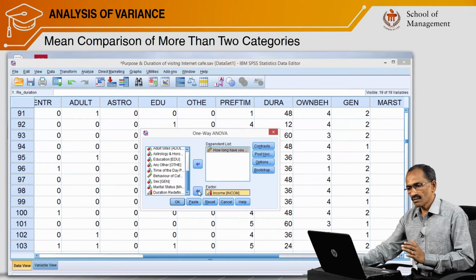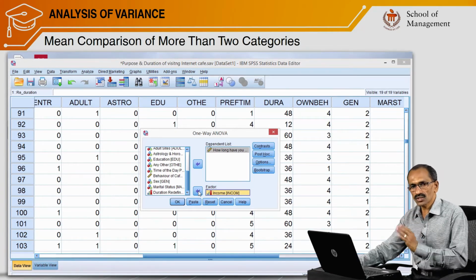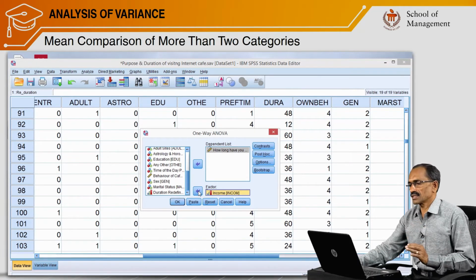From the previous example, we know that income has 6 categories. Irrespective of their income category, the duration of internet cafe visit will remain the same. That means every category may have equal experience or equal duration in visiting the internet cafe. That is the null hypothesis that we are going to test, whether it is true or not.